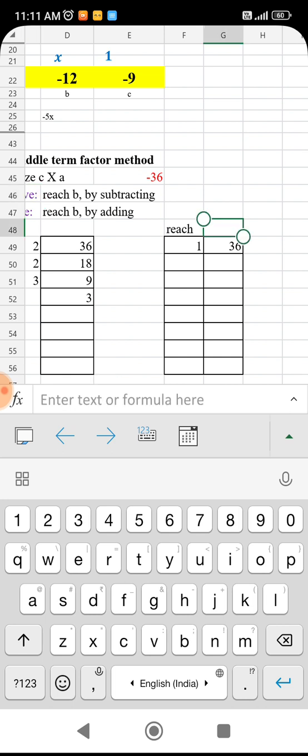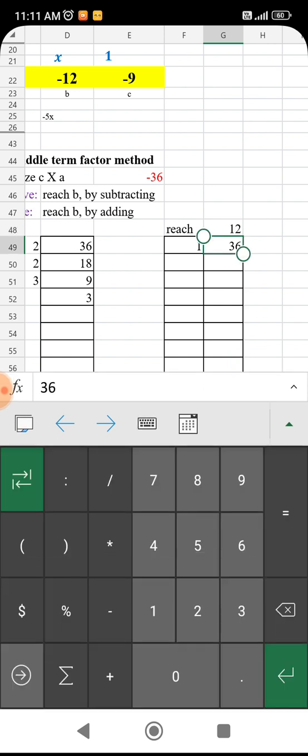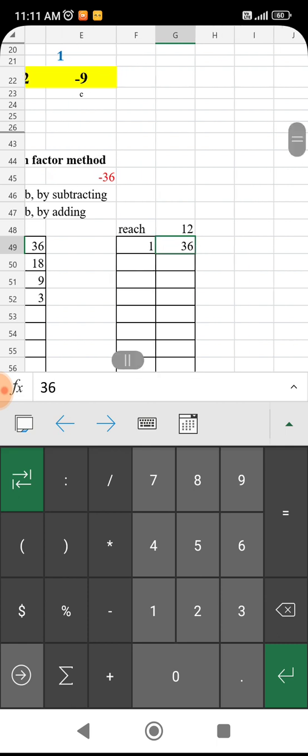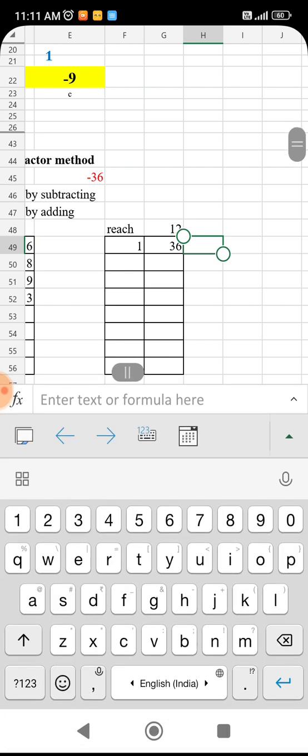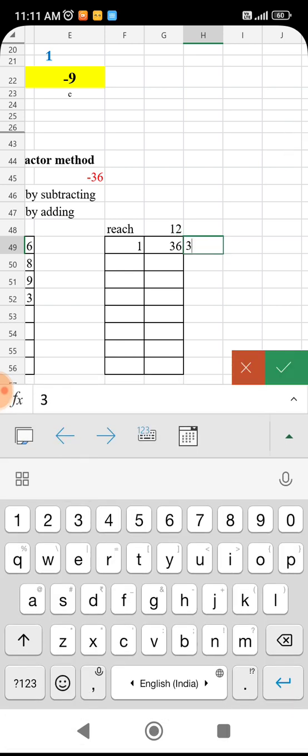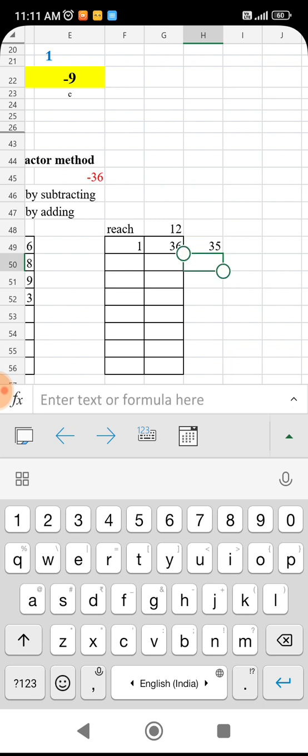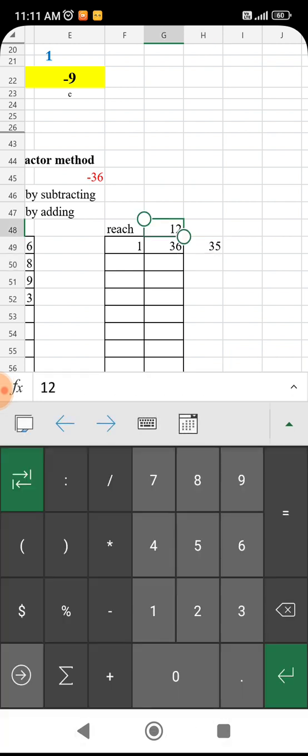Not minus 12, we have to reach 12, by subtracting. If we subtract these two, the value will be 35. We have to reach 12, so a little bit of gap is there.